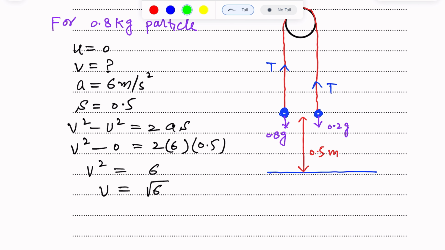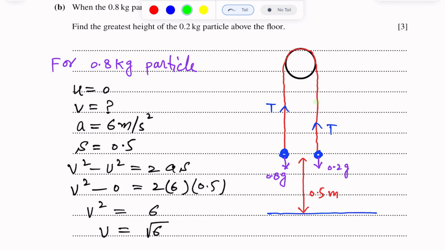The 0.8 kg particle reaches the floor covering a distance of 0.5 meter, and the 0.2 kg mass moves upward covering a distance of 0.5 meter.